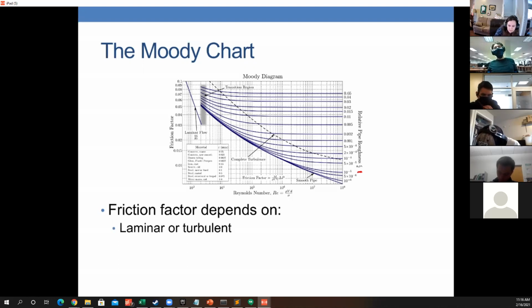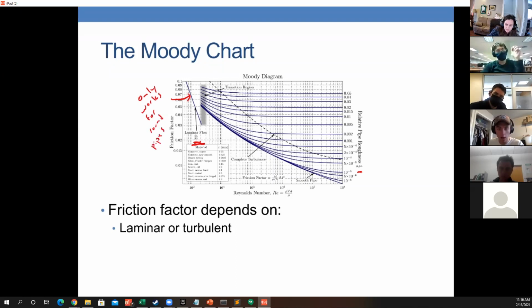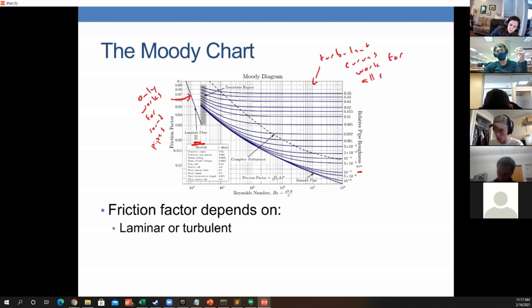So laminar or turbulent, because you can see laminar is here, and these ones are turbulent. By the way, this part only works for round pipes, but the turbulent ones work for all shapes if you use the hydraulic diameter to get the Reynolds number.